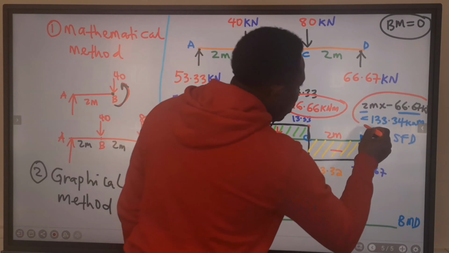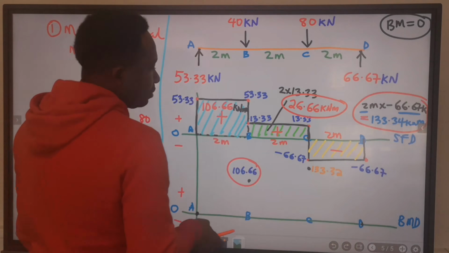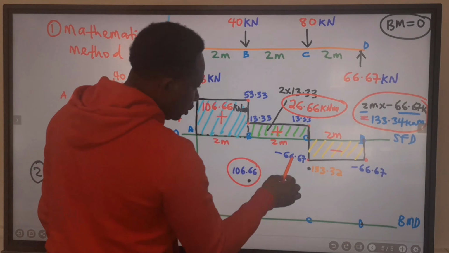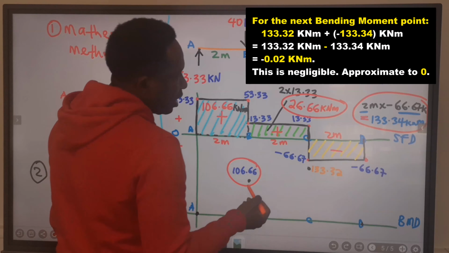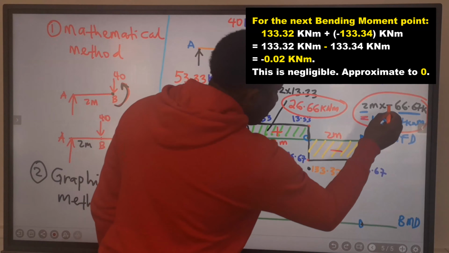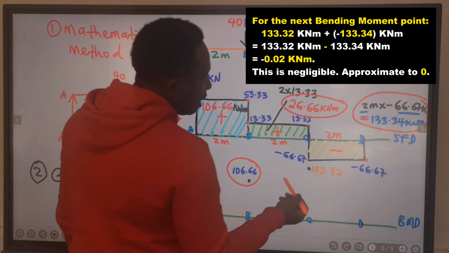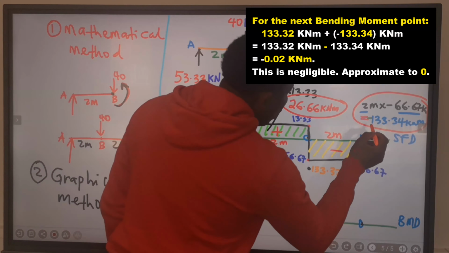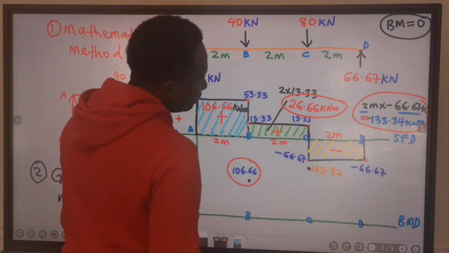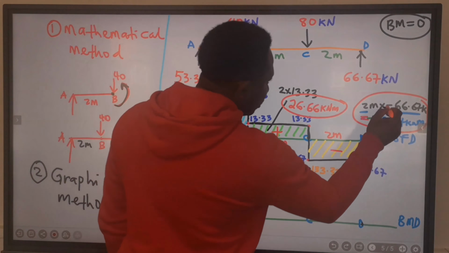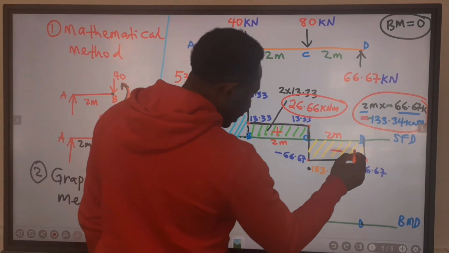Now, this new value we add to this value. However, there is a minus here. Hence, this becomes minus 133.34 because this is a minus downwards.